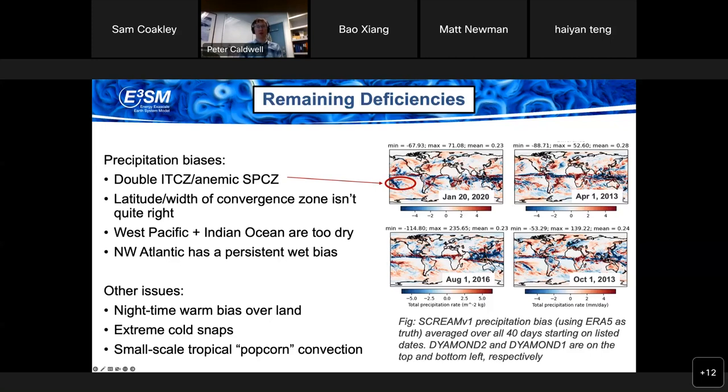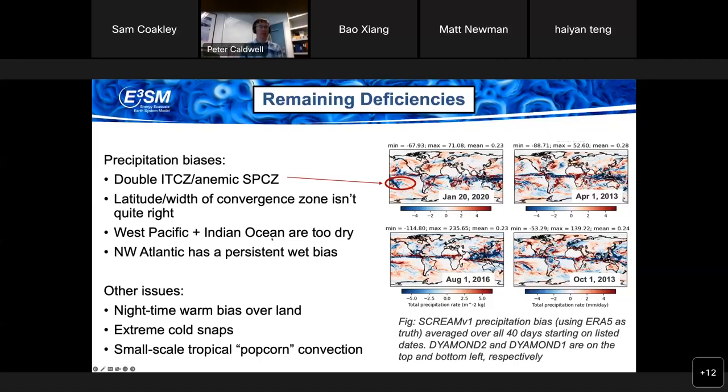And so you see these stripes of red, so excessive precipitation, zonally across the Pacific, and that's the hallmark of a double ITCZ. Related to that, the blue, so we have a deficiency. We don't have the South Pacific convergence zone quite right either, which I really thought the resolution would fix.